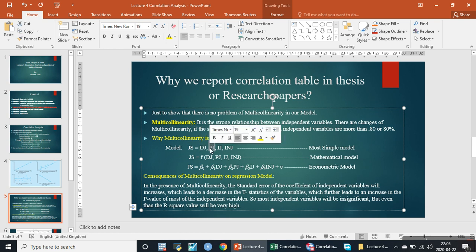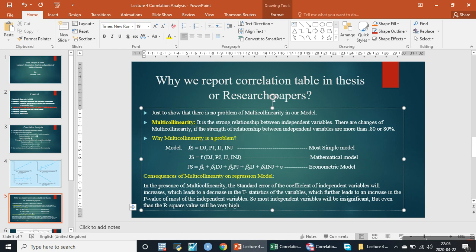Then we cannot distinguish whether the job satisfaction is affected because of distributive justice or because of procedural justice. Because these two variables move together, we cannot identify separately the impact of distributive justice and procedural justice. So it will create a problem.